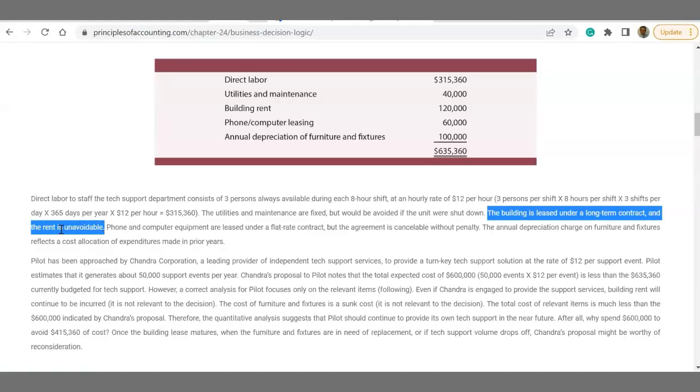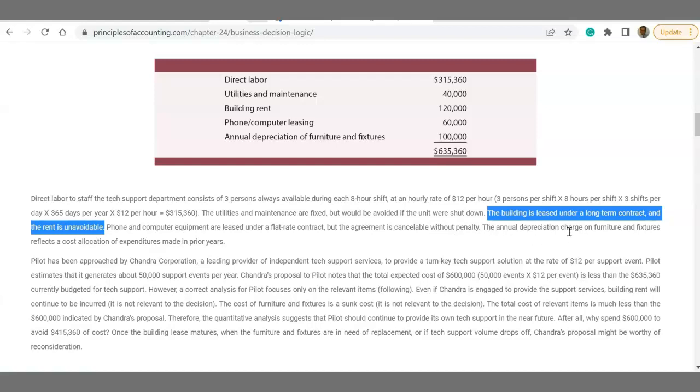That's one reason, because most of the buildings are under a contract and the rent has to be paid no matter what until the end of the contract. So that's why sometimes you see businesses around that don't look busy, and you wonder why they are still open. That is the reason. The phone and computer equipment are leased under a flat rate contract, but the agreement is cancelable without penalty. Okay, that's good.